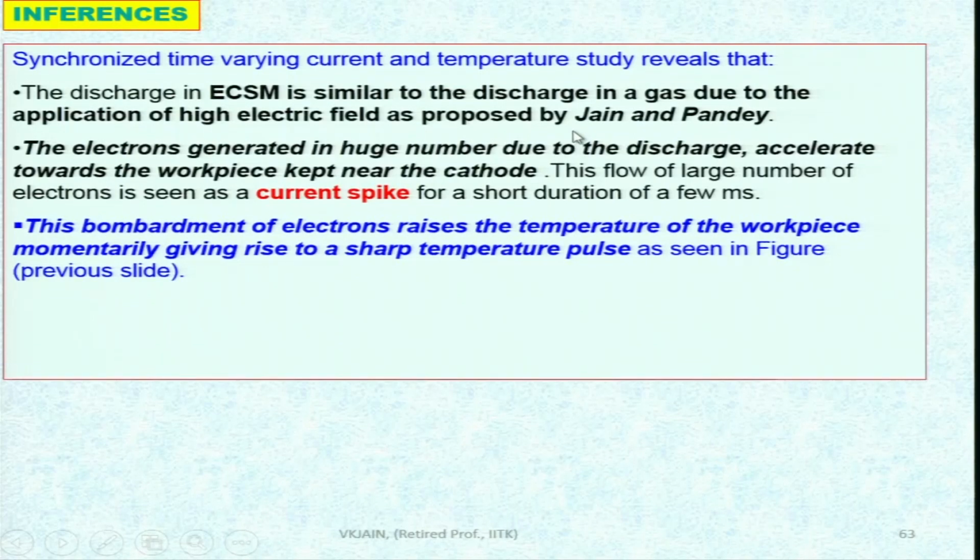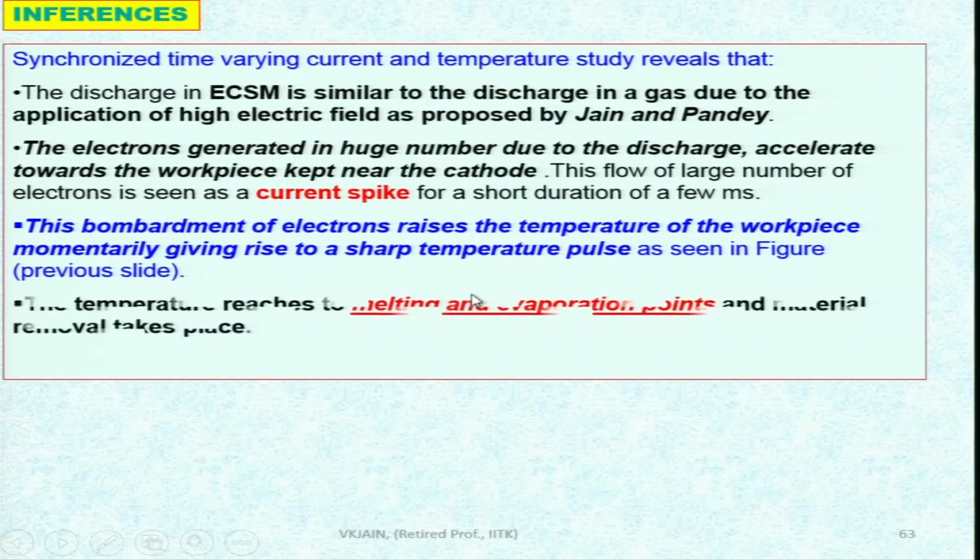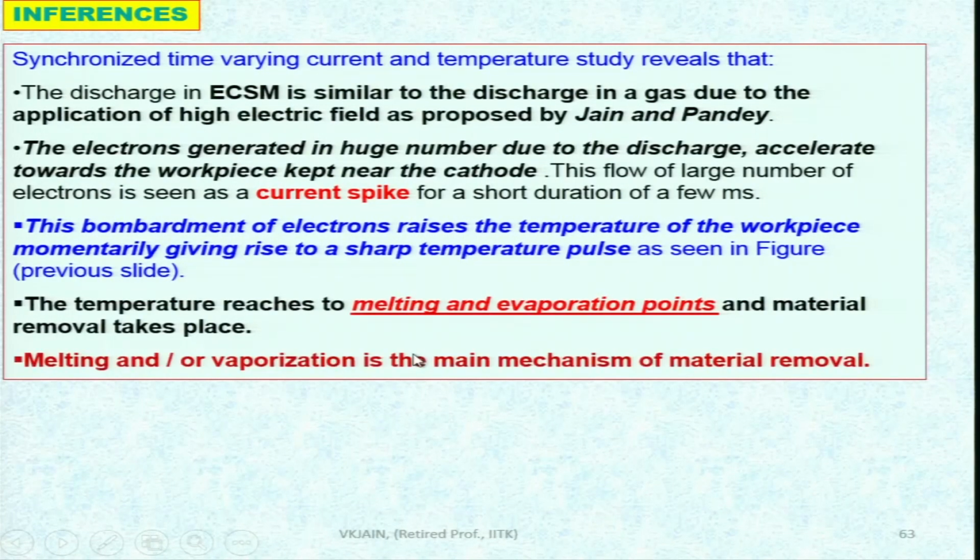This was proposed by Jain and Pandey, that the temperature can be a few thousand degrees centigrade theoretically. The temperature reaches melting and evaporation points and material removal takes place. Melting and or vaporization is the main mechanism of material removal in the case of electrochemical spark micromachining and electrochemical spark machining processes.